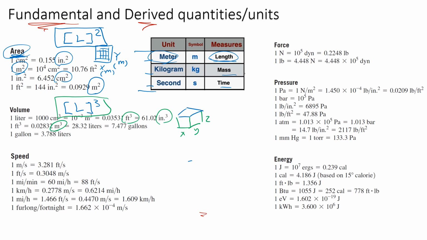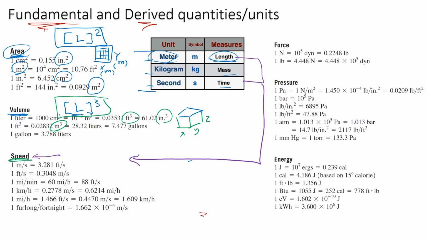Now for the speed, here we can use two different quantities. For the area and the volume we use just the length, but we can use two different quantities, for example the time and the length, to find the speed, which is a scalar.